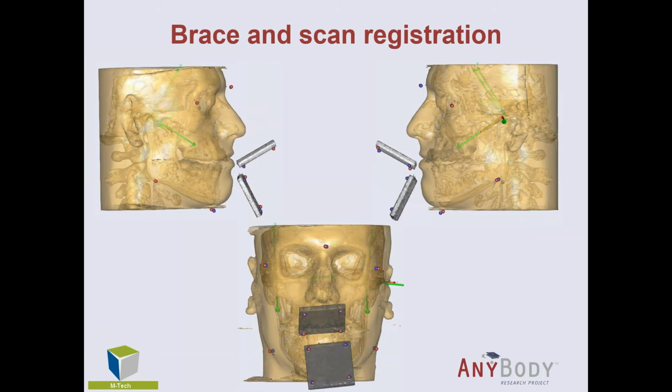Since we unfortunately did not have a cone beam CT with the subject wearing this brace, which would have been the ideal situation, we somehow had to register the brace to the cone beam CT. And what we did was we took a trial in the motion capture lab where the subject was just sitting with his mouth closed, just like the subject was doing the cone beam CT.